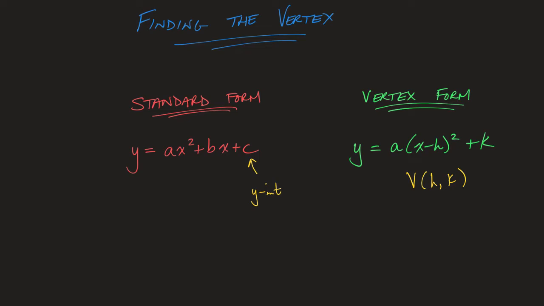The one part that I want you to notice that is the same between both functions is that a value. If we recall, that a value from our transformations talks about the shape. We would address that as a vertical stretch by a factor of a.